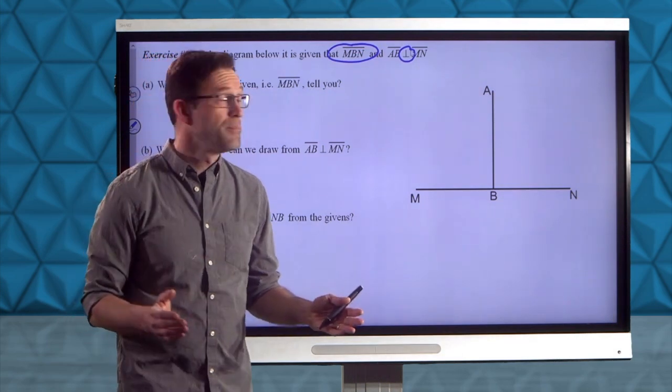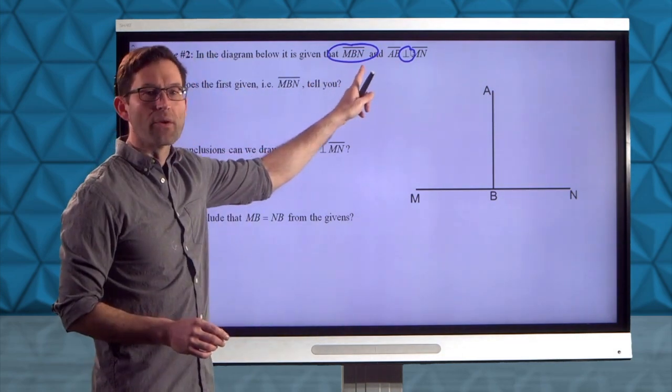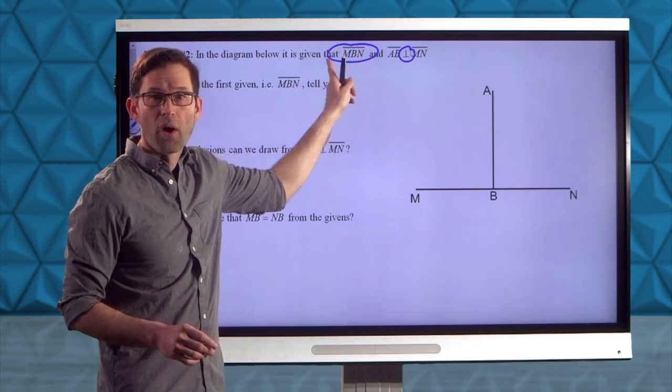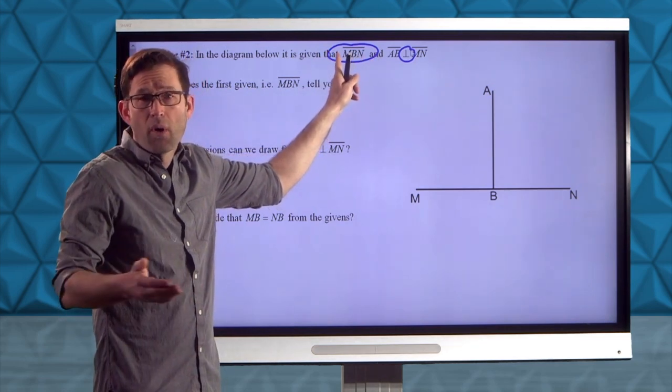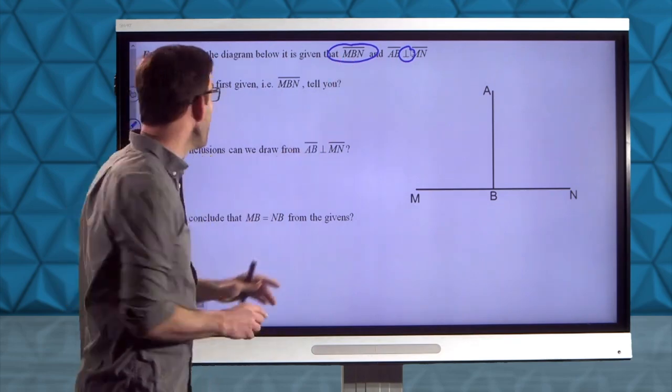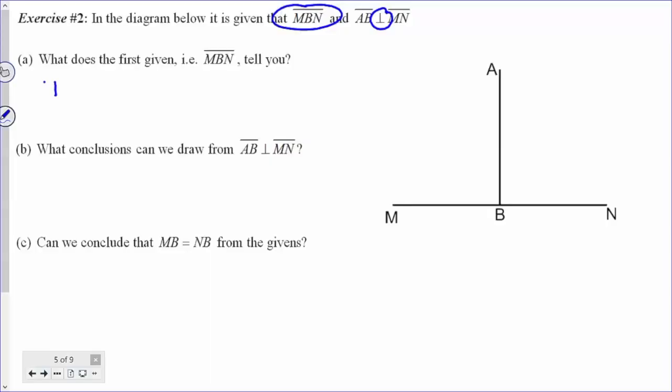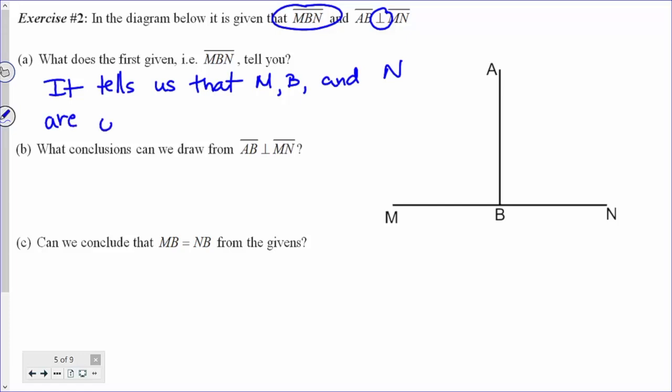All right, let's talk about it. When we see three letters with a segment bar over it, or a line bar or a ray bar, either way, it tells us that M, B, and N are collinear.